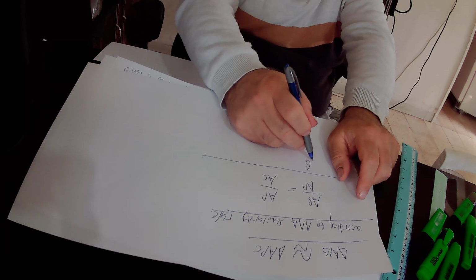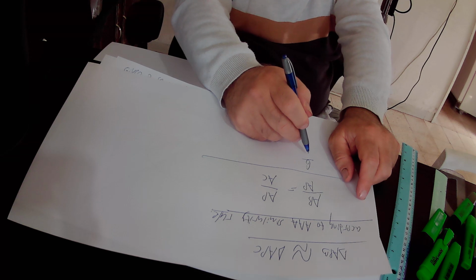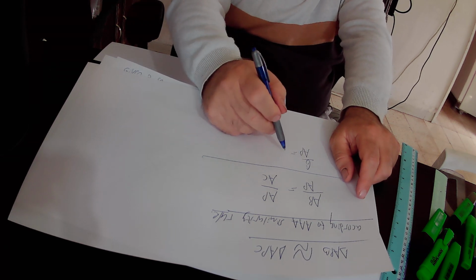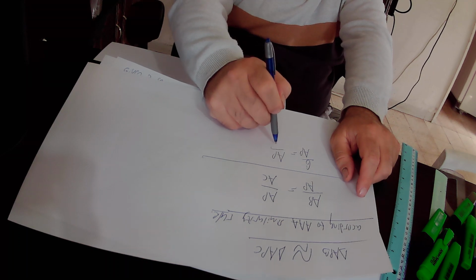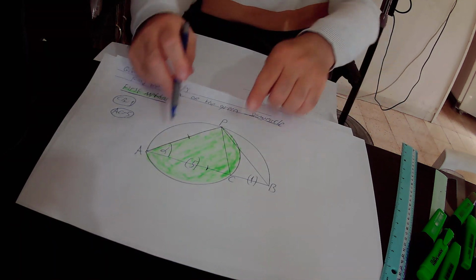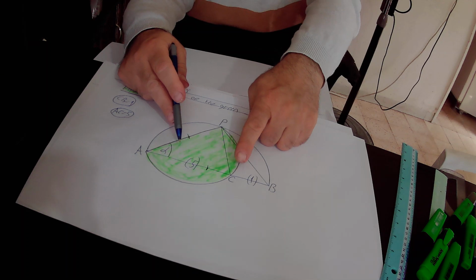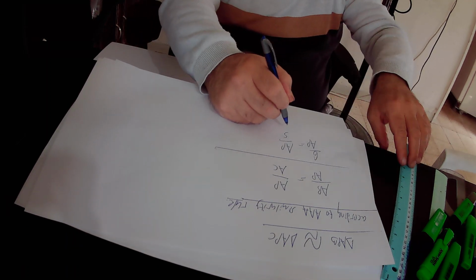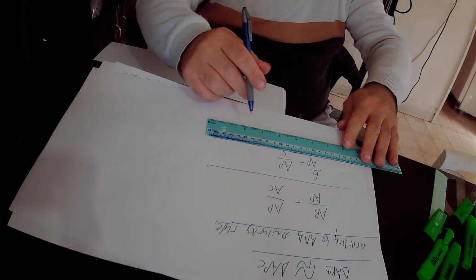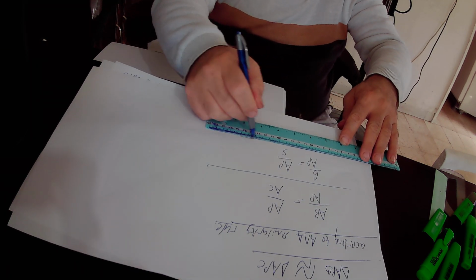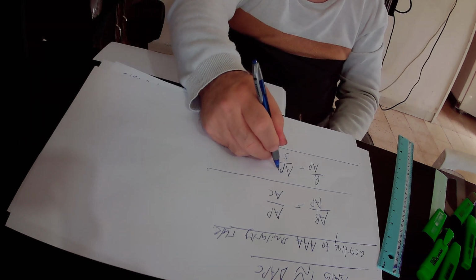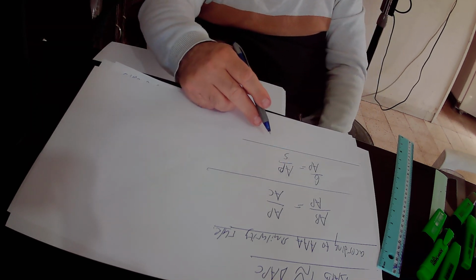So it is 6 over AP. AP is the missing side, so we leave it as it is. And it equals AP over AC. The length of AC equals 5 units according to what is given in the question. So in conclusion, we find that 6 over AP equals AP over 5.